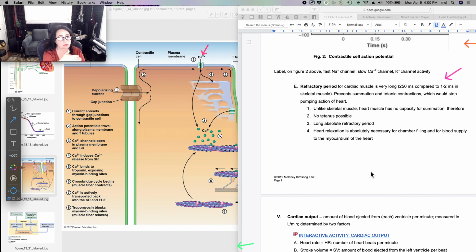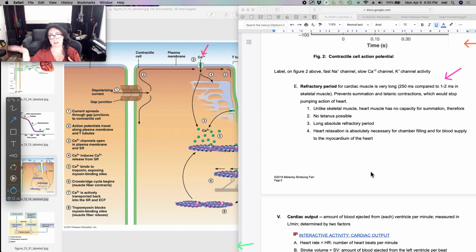If you're in a refractory period, you can't get another action potential no matter how much neurotransmitter you flood it with, because the voltage-gated channels aren't reset yet. So the refractory period for a cardiac muscle cell is way longer than it is for skeletal muscle, about 250 milliseconds compared to 1 to 2 milliseconds for skeletal muscle.